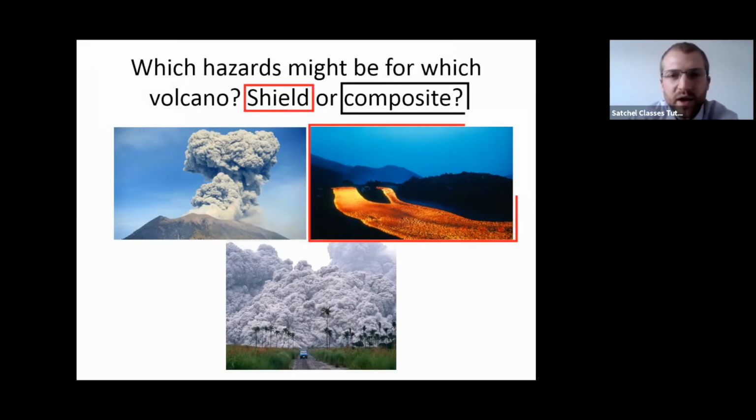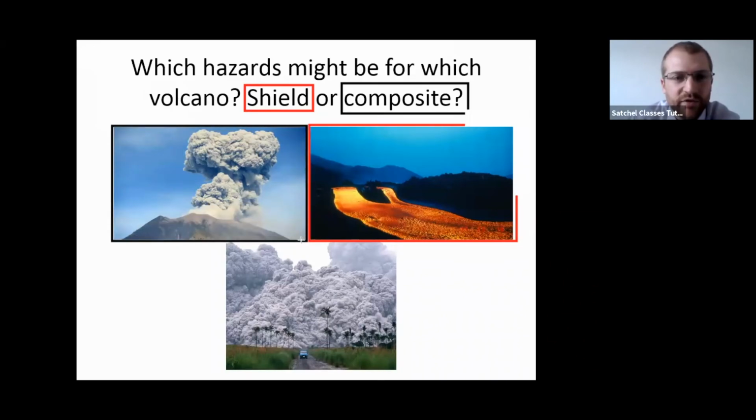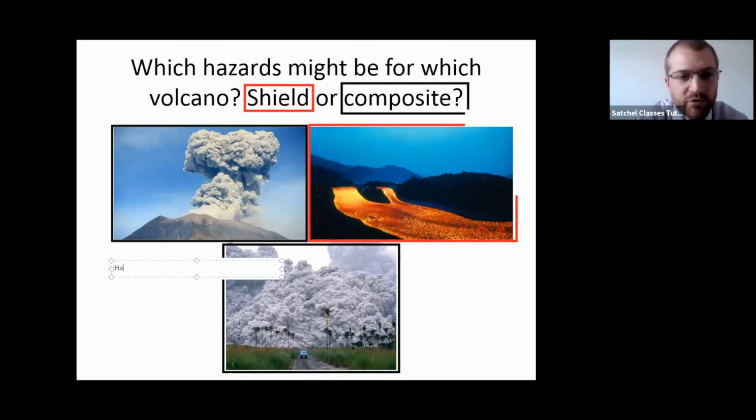With our composite volcano, it's built up of layers of ash and lava. It's very explosive, very powerful, and will often lead to these grey eruptions. So we'll have ash clouds and pyroclastic flows. Okay, so these are often known as hazards of a grey eruption. Therefore, a composite, which creates the layer of ash and lava.